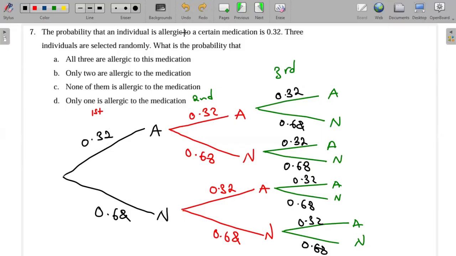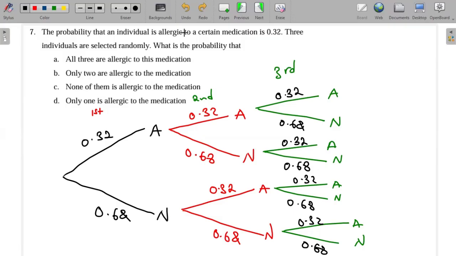Now these selections are actually independent, because if you are allergic to this particular medication, it does not affect your friend. Your friend has a totally new system in their body. Their cells are behaving differently. So whether they are allergic or not does not depend on the other person. So it means the selections are independent.